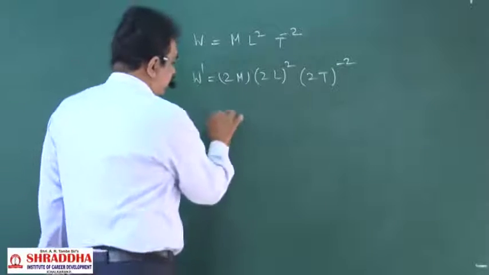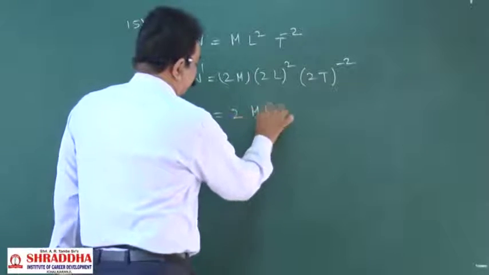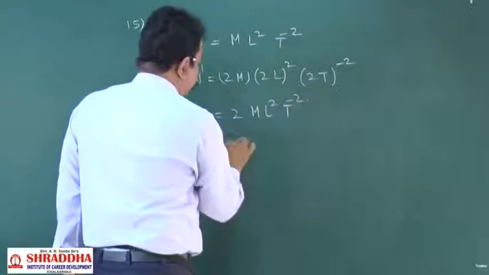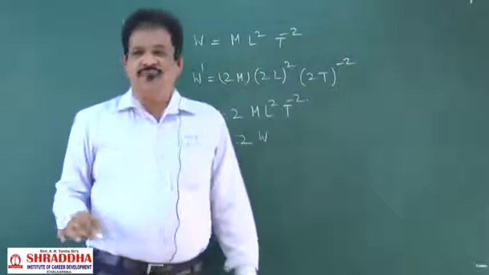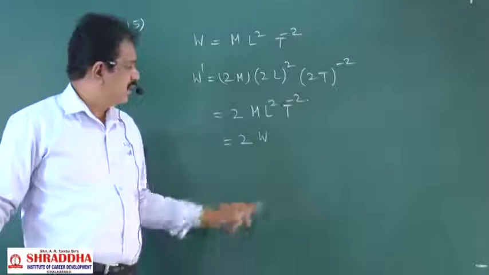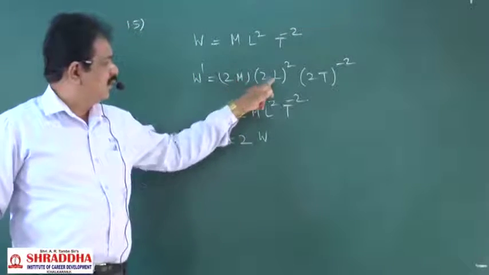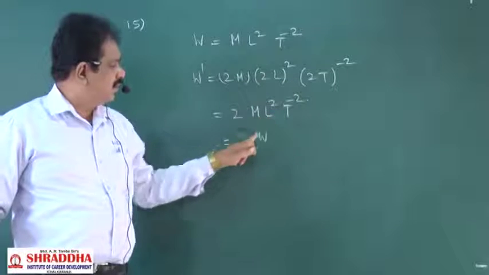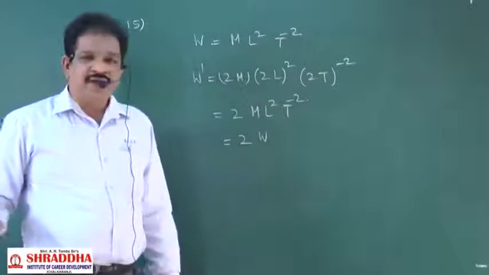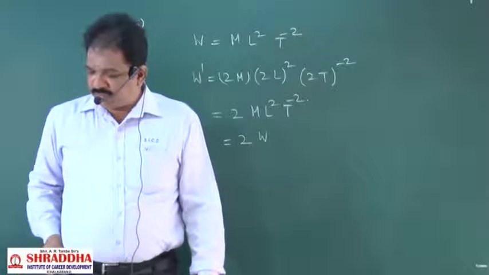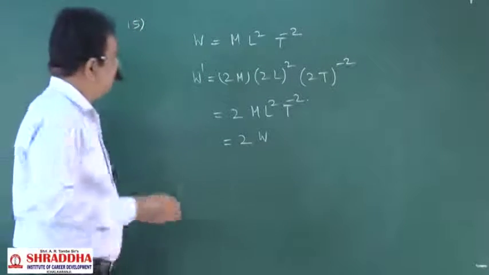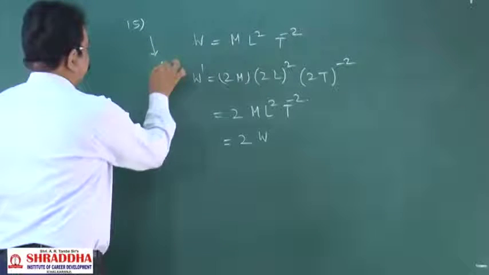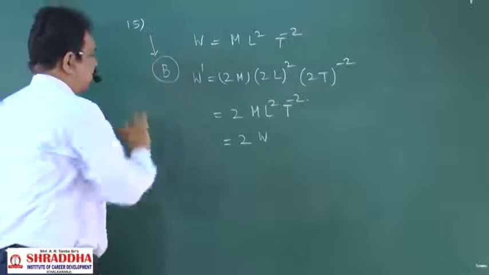So still what will be there? 2 M L square T power minus 2, that is equal to 2W. Clear? So work becomes 2 times. 15, it will be B.